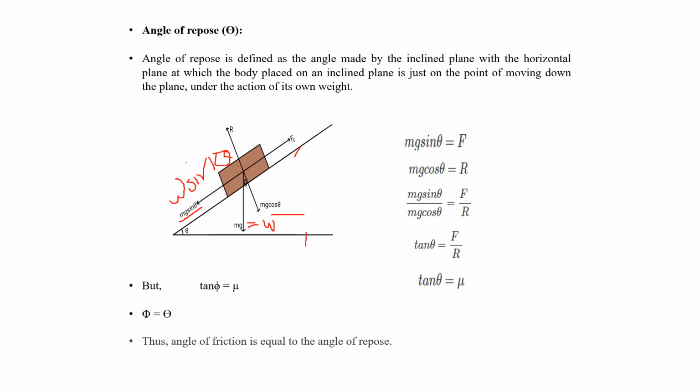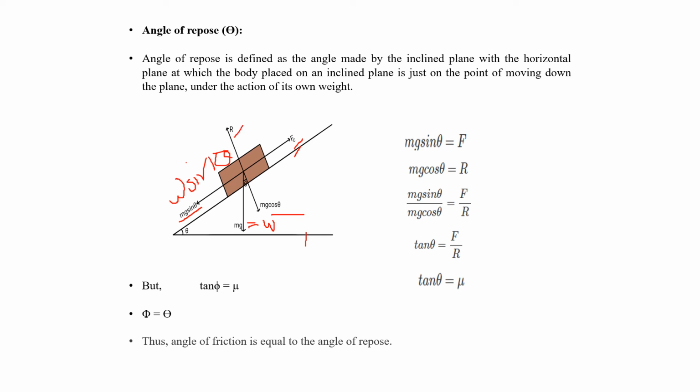As the motion of the body is down the plane, the force of friction F will act up the plane. As the body is resting on an inclined plane, the normal reaction R is perpendicular to the inclined plane, like this.